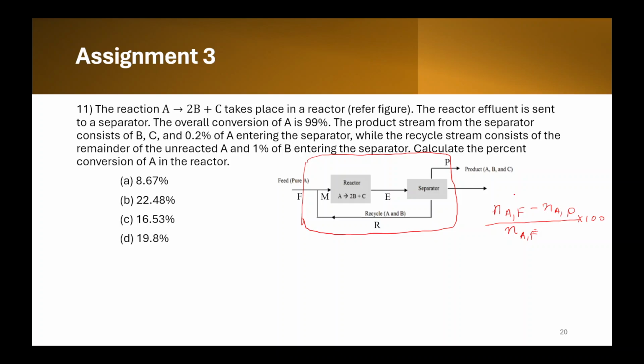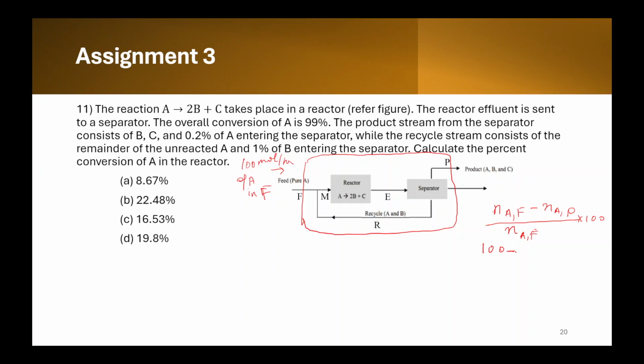So we know what is N of A in F. Do we know it? No, we don't know. So we take a basis. If we don't know anything, we take the basis as fresh feed entering: 100 mole per hour of A in F. So this is fresh feed, so all of it will be A. So NAF will be, in 1 hour operation, 100.